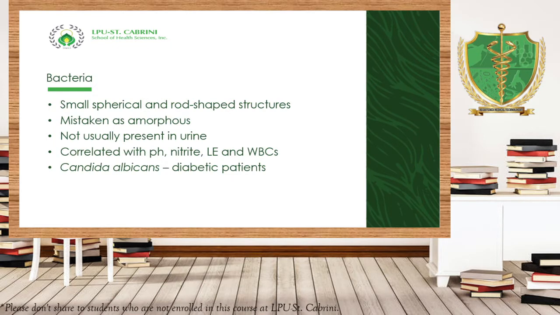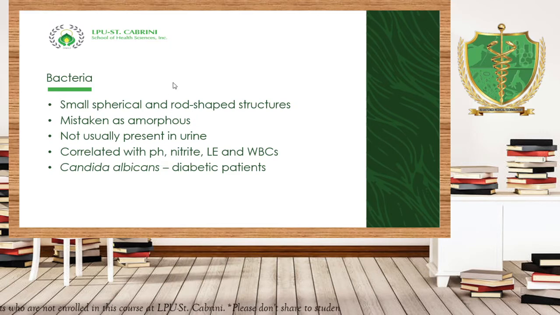Next in line is bacteria, which can appear as small spherical cocci and rod-shaped bacilli structures that can be seen in the urine. Spherical bacteria or cocci can be mistaken for amorphous, because amorphous appears as sand-like, round structures under the microscope.